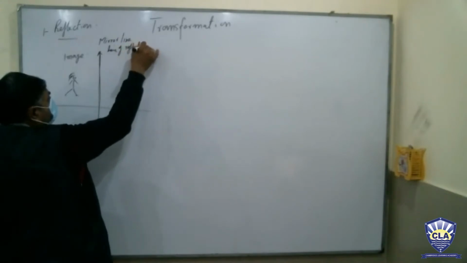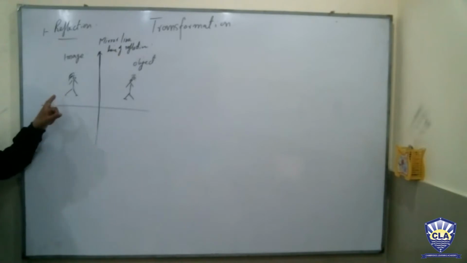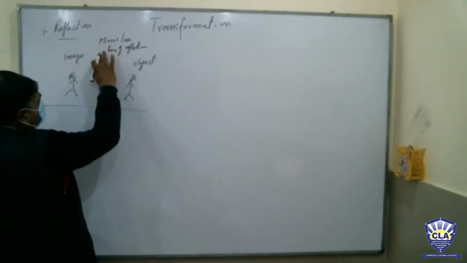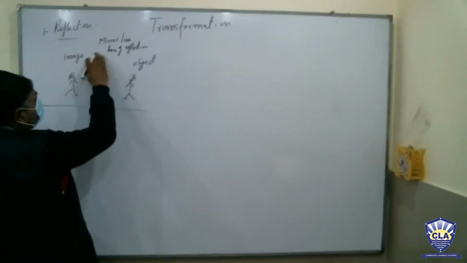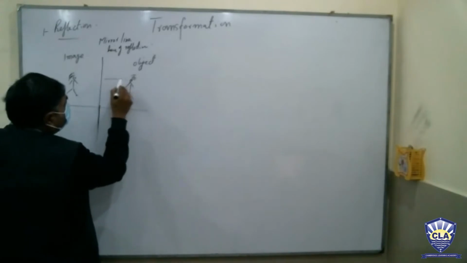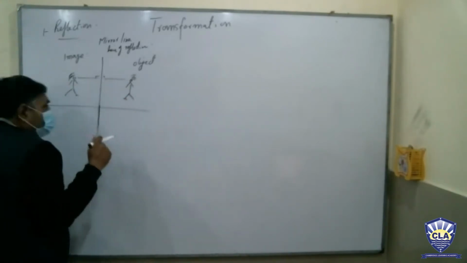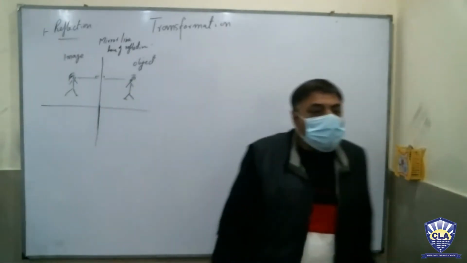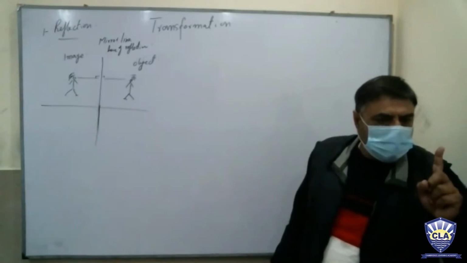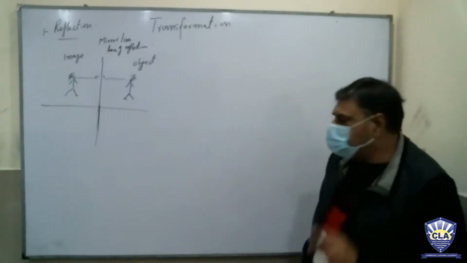Line of reflection. The object distance from this mirror line is equal to the image distance. The perpendicular distance of object and image from the line of reflection will be the same.